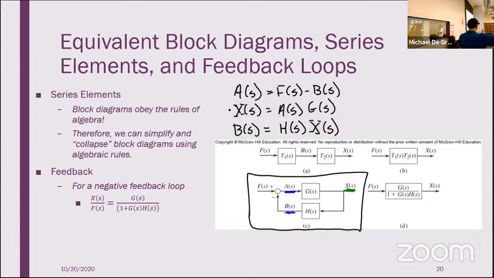We have X of S coming out of G, we've got B of S coming out of H. How did we get B? Well, H times X gives me B. We're just taking these separate parts.